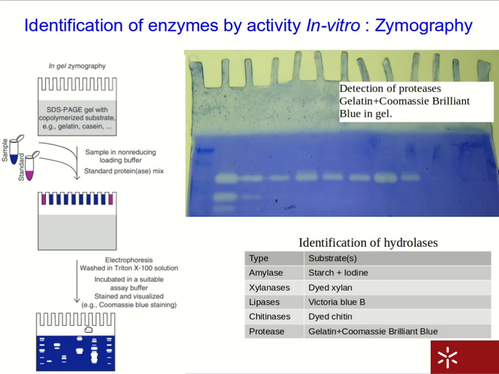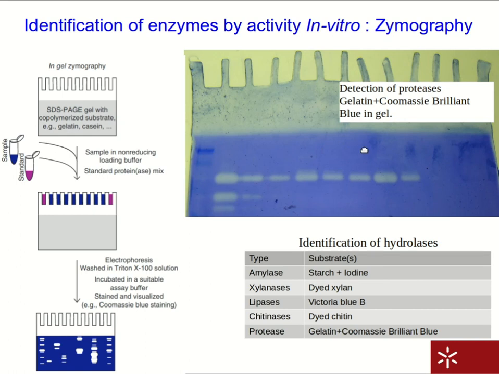Then the gel is developed by adding the appropriate substrate and other chemicals in order to visualize the reaction of the enzyme. For instance, in this gel here, protease mixtures were separated on a gel that contains gelatin and Coomassie brilliant blue.